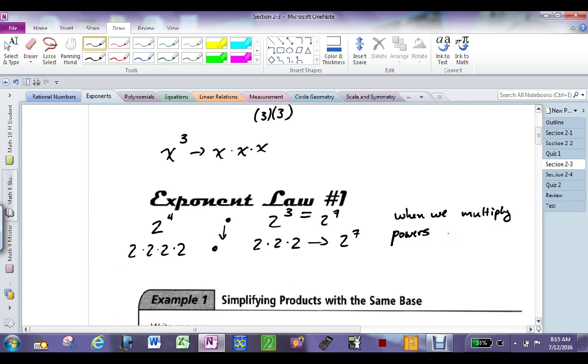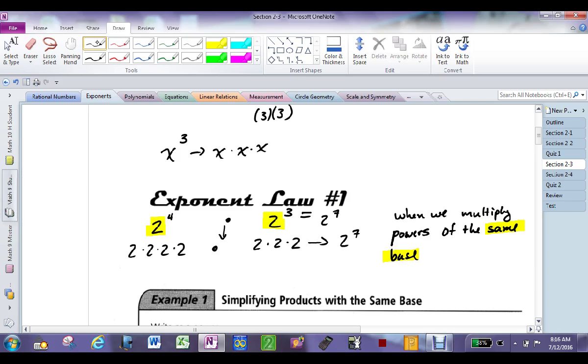what kind of powers? Because what do you notice about that and that? They got to be the same base. When we multiply powers of the same base, I'm going to highlight that because you guys make errors on that.